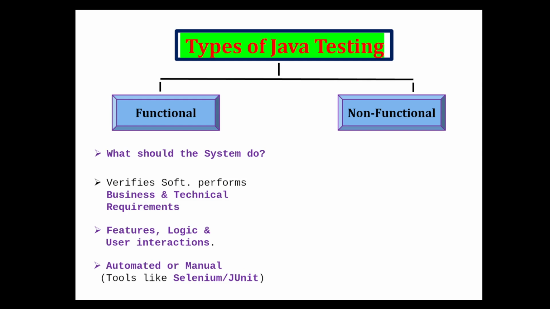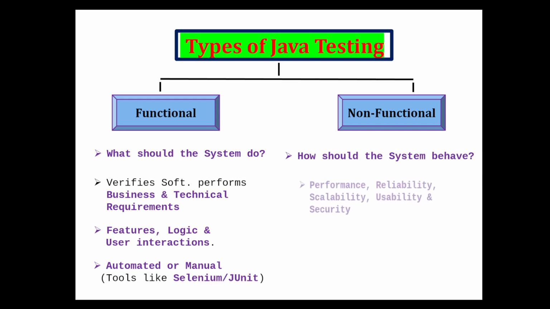So what is non-functional testing? Non-functional testing focuses more on how the software operates rather than what it does. It evaluates how well the system performs and its quality attributes instead of checking specific functionality. It focuses on performance, reliability, scalability, usability and security.